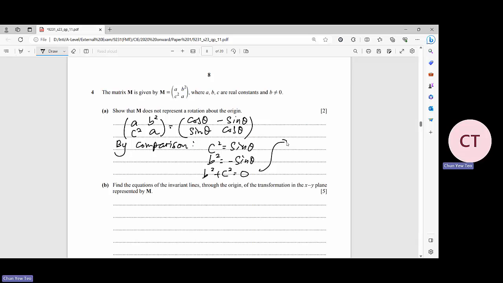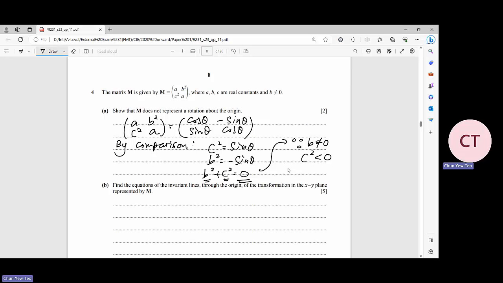And because B cannot equal 0, that means C squared must be negative, because these add together to get 0. For this case, both of them must be 0, B and C must be 0. But because B cannot be 0, that means C squared must be negative B squared, and negative B squared is negative. They are real numbers, not complex numbers, so we need to ignore this one.